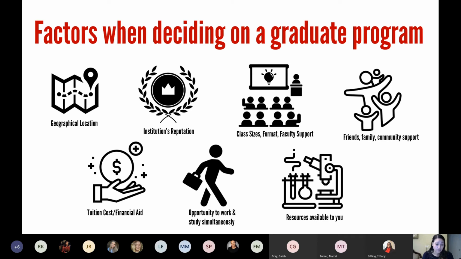That could be another factor for you, that you are looking for a program that does include an internship. Very nice. Oh, Miguel Enrique wrote fulfillment, right? That self-fulfillment with choosing a graduate program. Very nice.